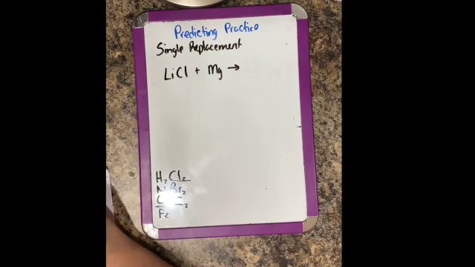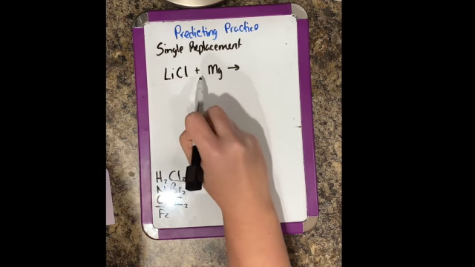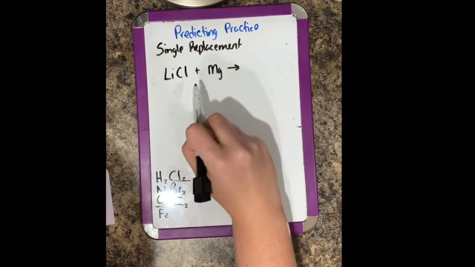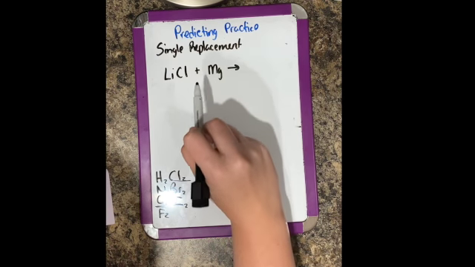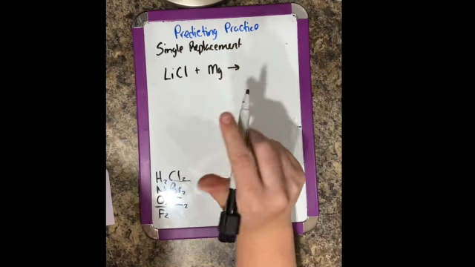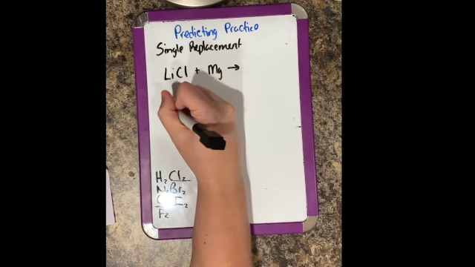Okay, so single replacement. The way to identify single replacement, you have a compound plus an element. So if you have a compound and an element, it'll be single replacement, and you'll follow the following steps.